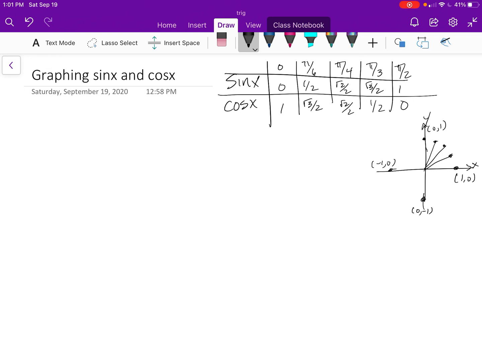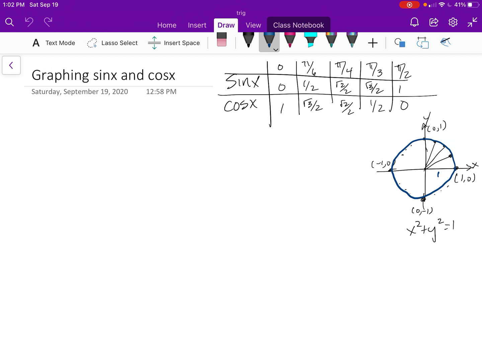This is not a graph necessarily of anything trig related. It's just a collection of all of these points that have exact values for that function, right? X squared plus y squared equals 1 is the equation of a circle that has a radius 1.